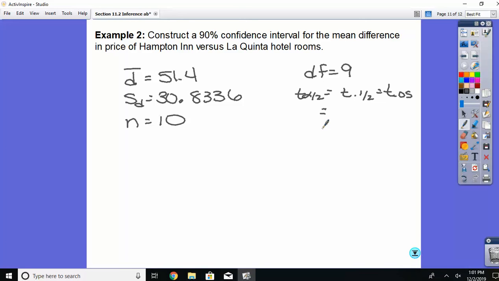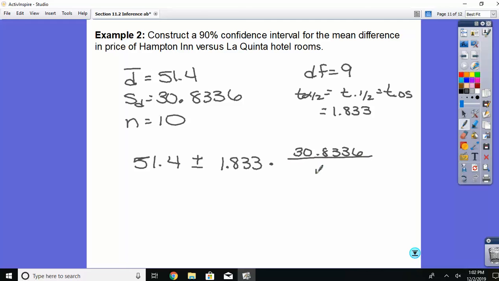What's our T statistic? 1.8. Okay, so then we could do the formula. So it's your mean of the difference plus and minus your T alpha over 2 times your standard deviation of the difference divided by square root of n.